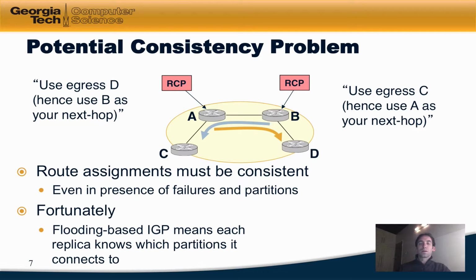And that information that it receives is enough to make sure that the RCP only computes routing table information or routing state for the routers in the partition for which it's connected. And that alone is enough to guarantee correctness.